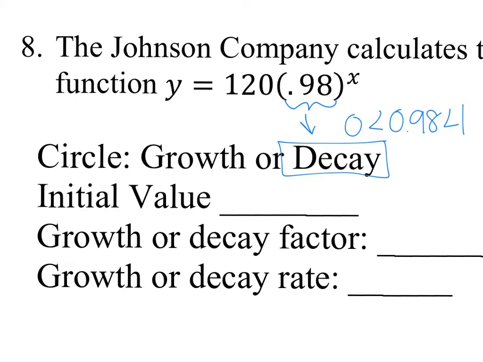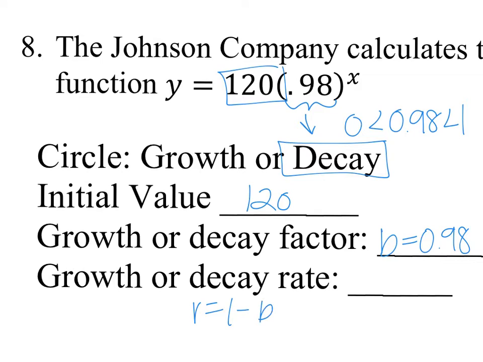My initial value is what comes first, so 120. My decay factor is just B, and B equals 0.98. My decay rate, again, is going to be 1 minus B, and 1 minus 0.98 is 0.02. And so that is my decay rate.